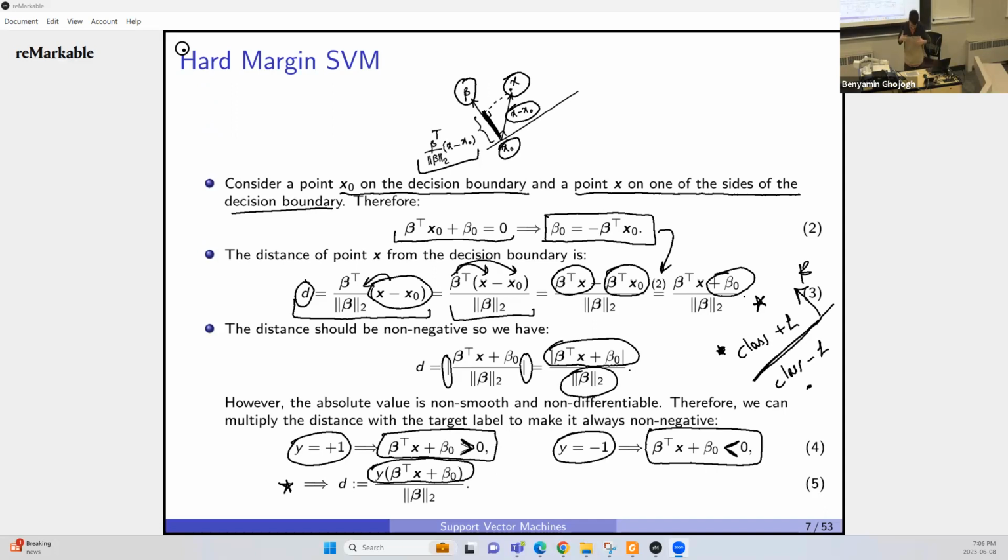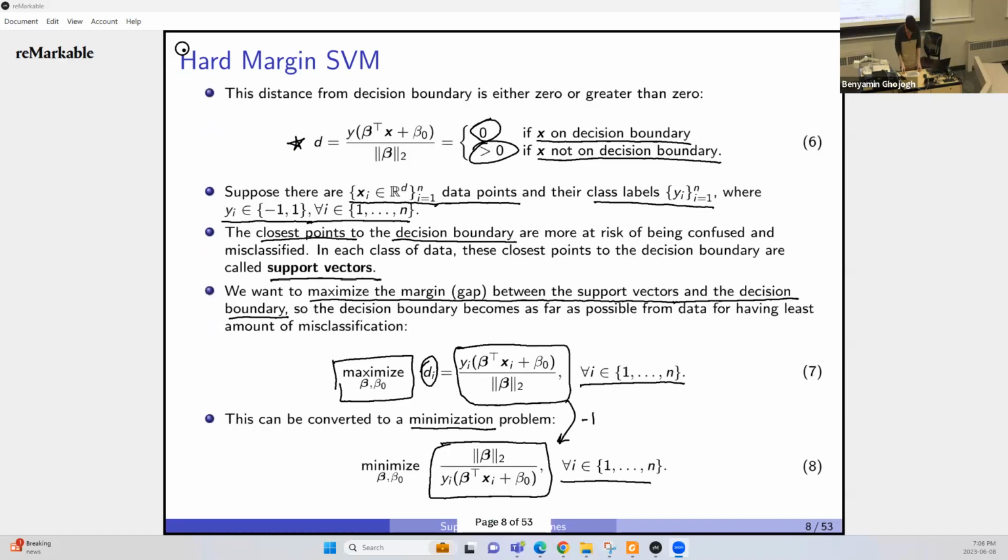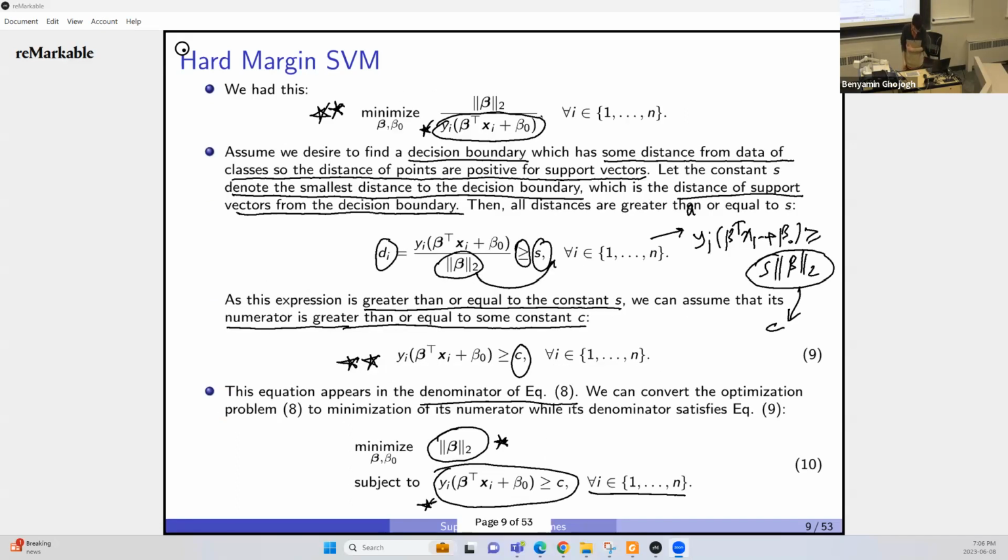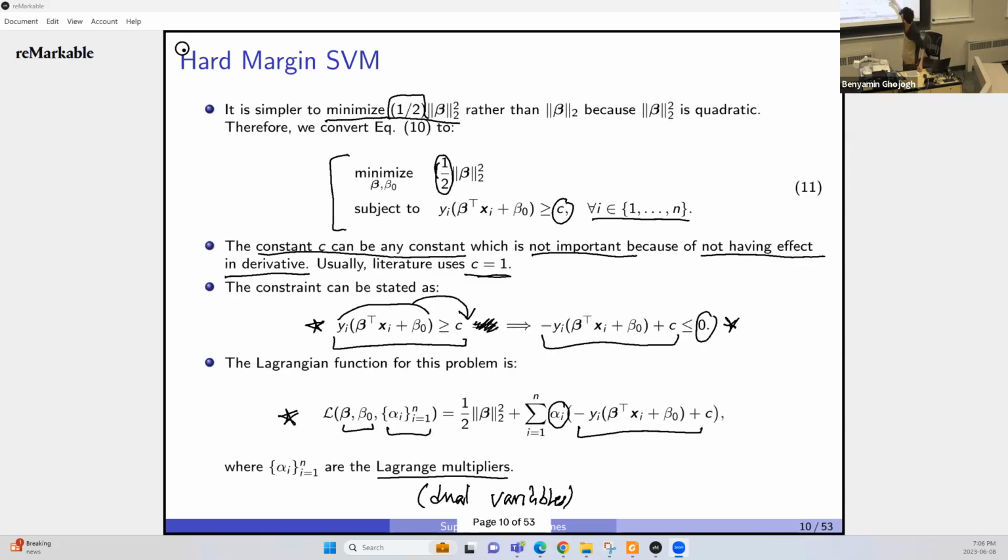In this way, the distance will be non-negative. Then we maximize the distance, as was the goal of SVM.